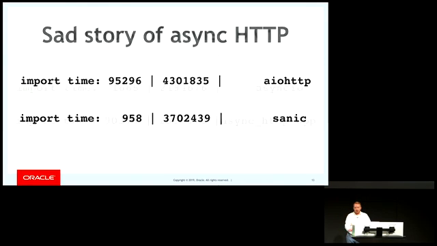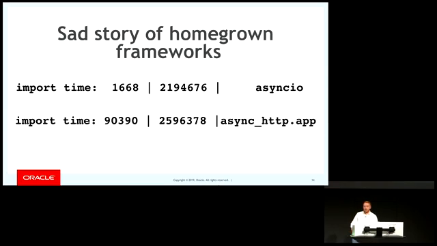This is what we figured out. The asyncio itself took almost 2.1 seconds to start on those constraints, and we figured out that we actually want to build a framework that wouldn't take that amount of time to start on those limited constraints.